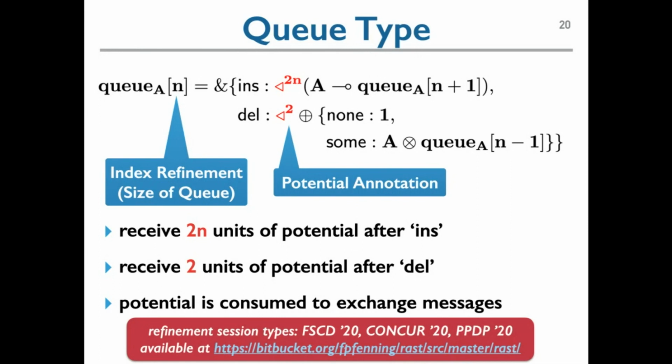So the work done by the queue for an insert is bounded by 2n, and the work done by the queue in the case of delete is bounded by 2. That's how you can translate this work into the session types of the data structures themselves, and that will give you a bound on the work for these programs.